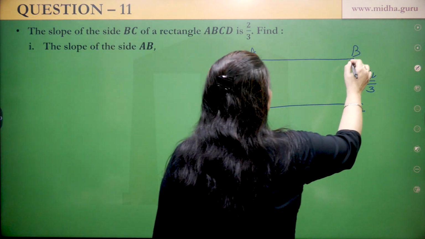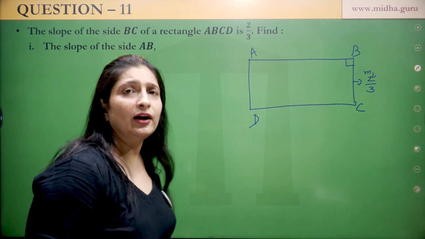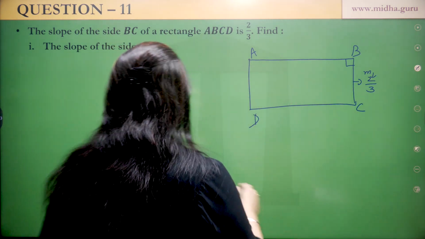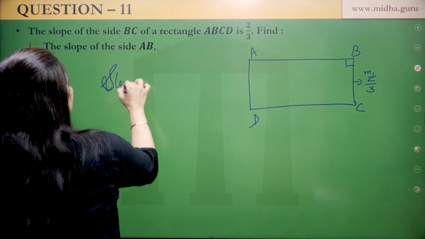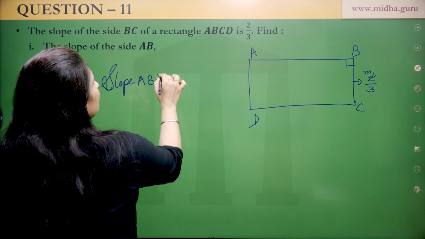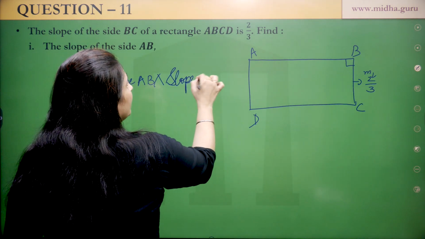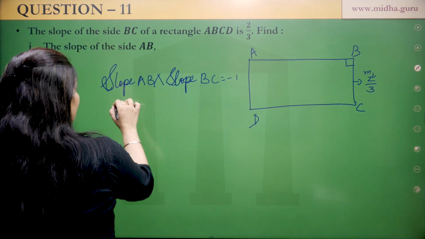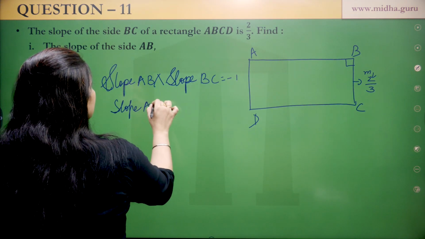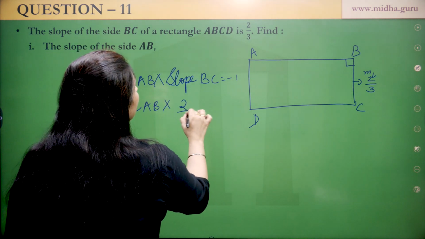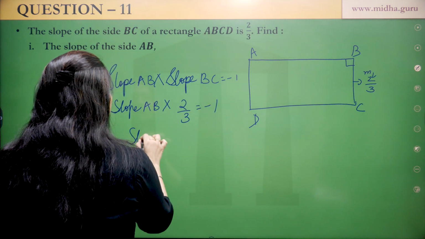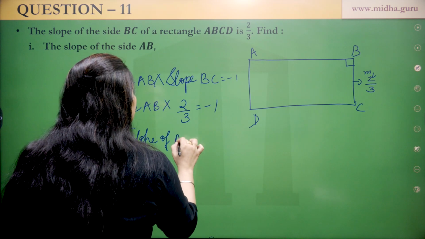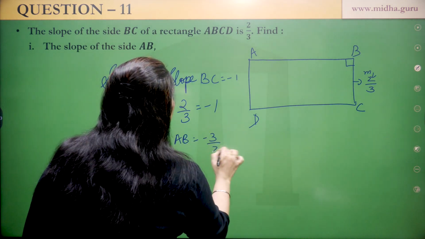Now we know AB and BC are perpendicular to each other because each angle of a rectangle is 90 degrees. So slope of AB into slope of BC, since they are perpendicular lines, the product will be minus 1. Given is 2 by 3, and we have to find this. So what will be the slope of AB? It will be minus 3 by 2.